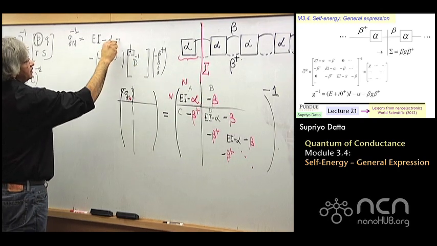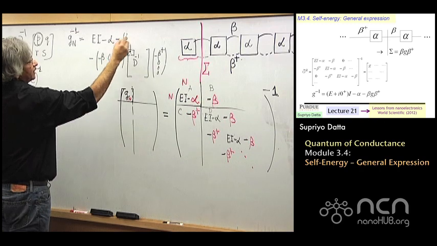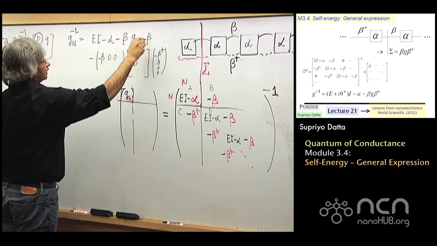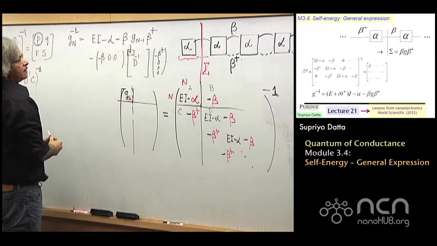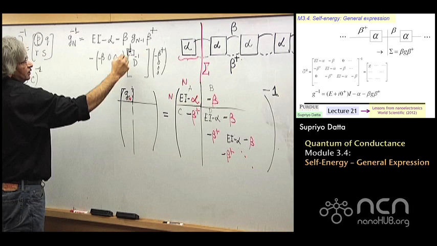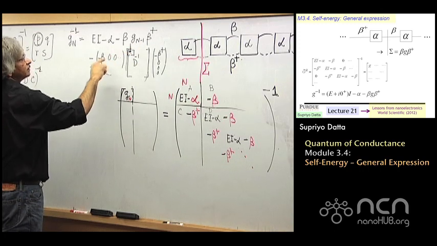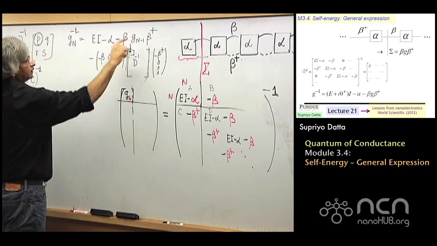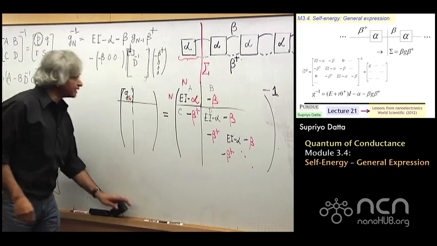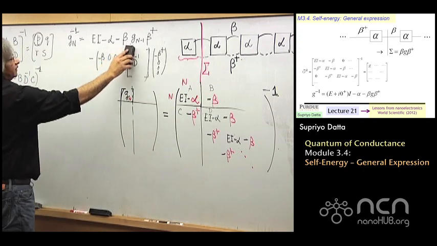I have a minus there. I have the beta here. And then the Gn minus 1 beta dagger. So Gn minus 1 is that element of D inverse, that first element, times beta dagger.